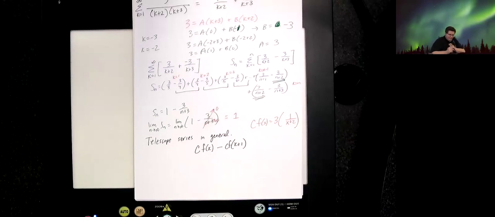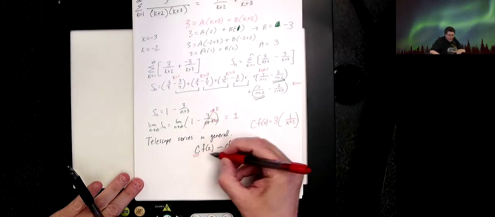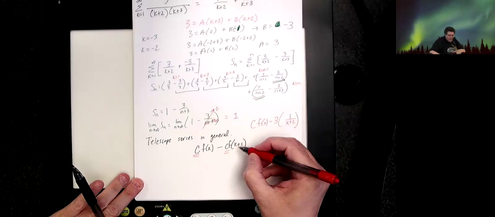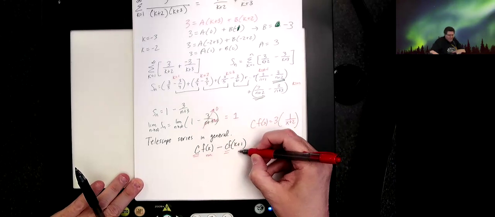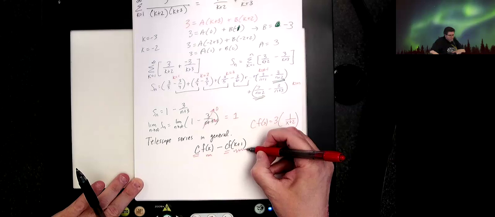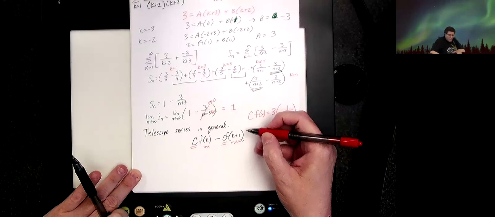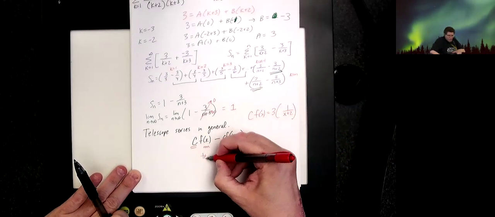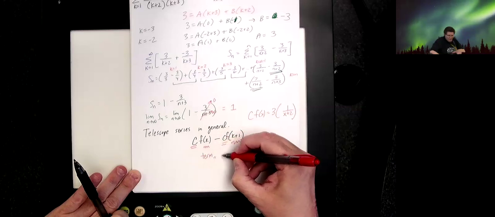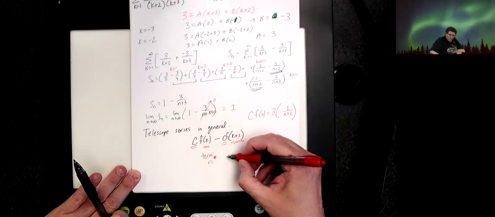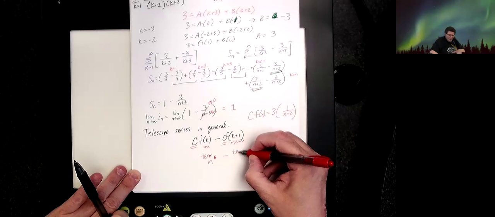But they're gonna have the same coefficient. And one term is subtracting the next term. Term n is subtracting, or minus, term n plus 1.